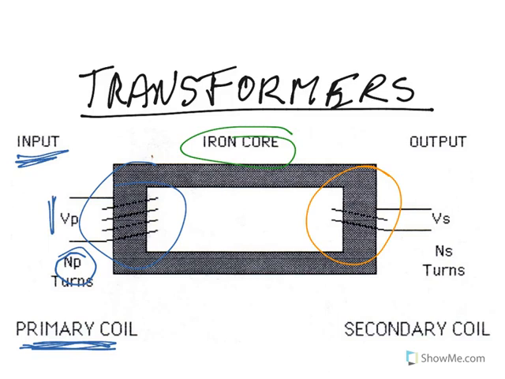And so this voltage is varying, so if this voltage varies, then the current through the coil varies, and that produces a changing magnetic field, and that changing magnetic field gets channeled around here.